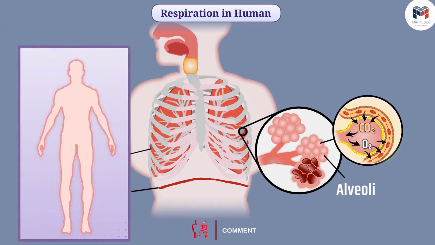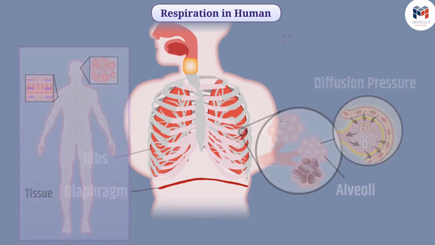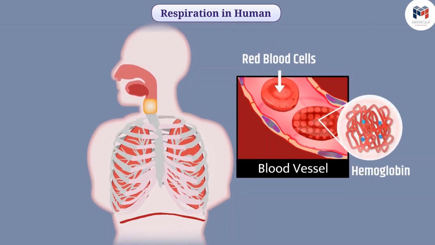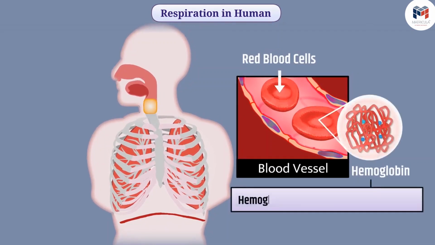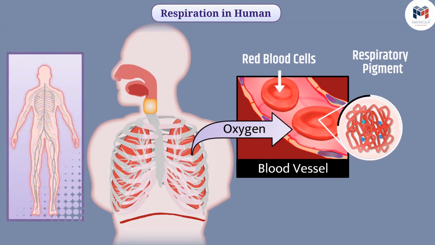The size of human body is large, so diffusion pressure is not sufficient to carry oxygen to all tissues. Therefore, red blood cells present in the blood contain hemoglobin. Hemoglobin has high affinity for oxygen. The respiratory pigment hemoglobin takes oxygen from the air of alveoli and carries oxygen to all tissues and each cell of the body.